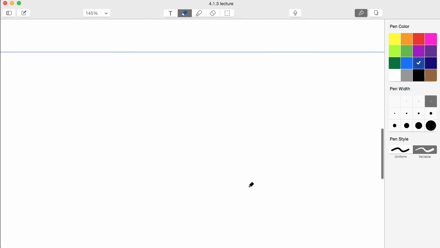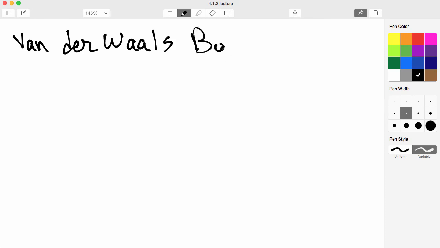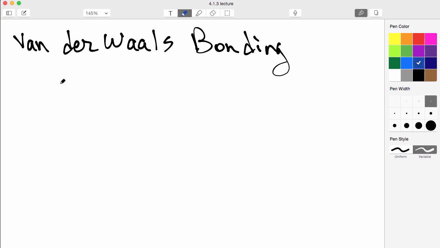Last topic, last bonding type is that of van der Waals bonding. Let's summarize van der Waals bonding because it's so important to nanotechnology and many other fields, of course. All right, so this is named after Johannes van der Waals, and he was awarded the Nobel Prize.